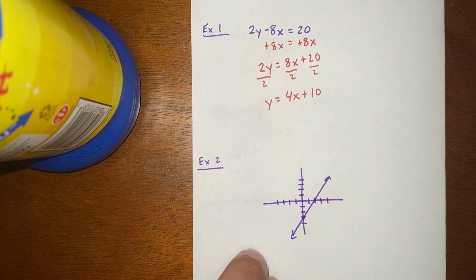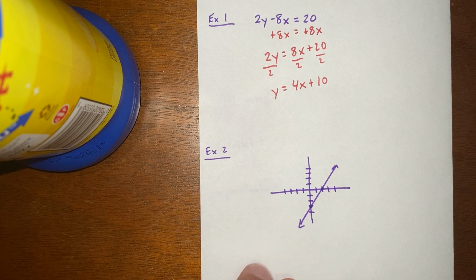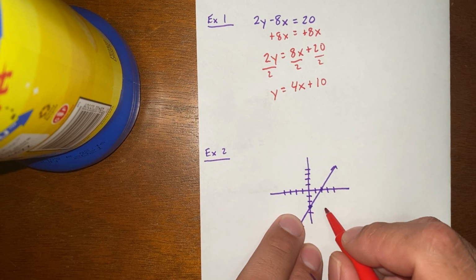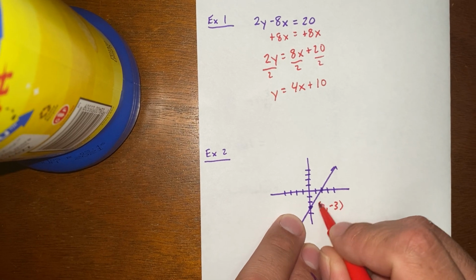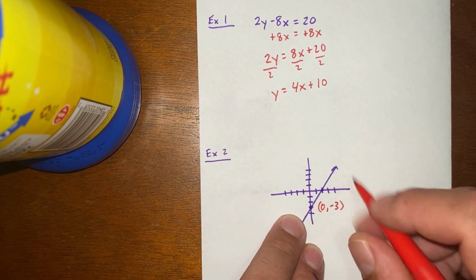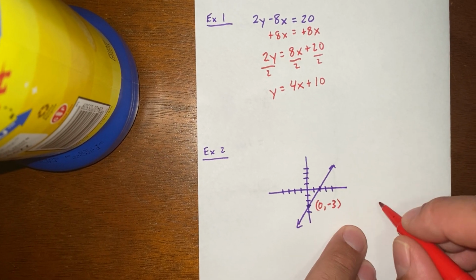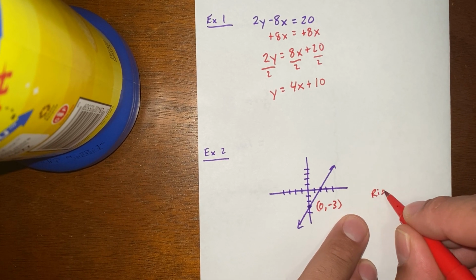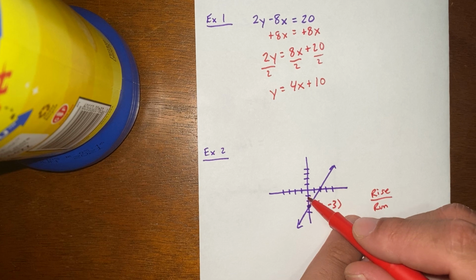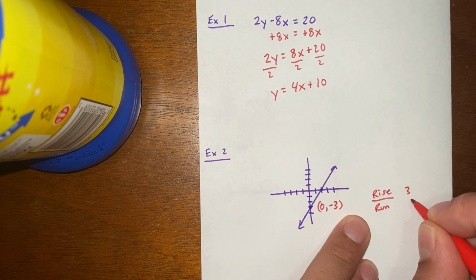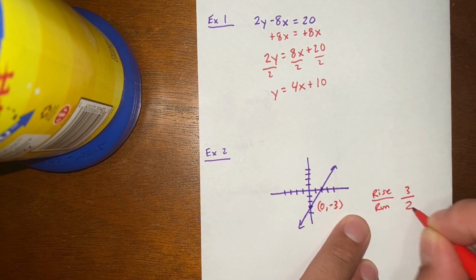Now on a graph, my y-intercept is at (0, -3). And then my slope, remember, is rise over run. So I rise 1, 2, 3, and I run 1, 2.